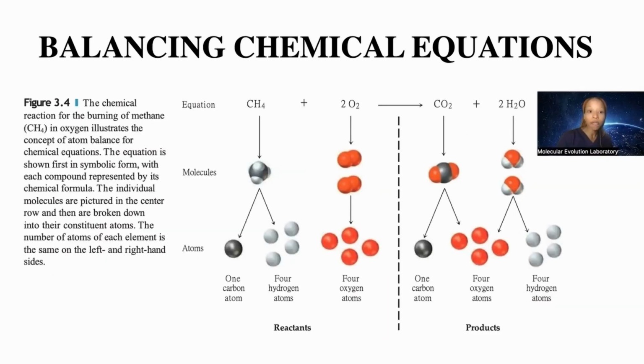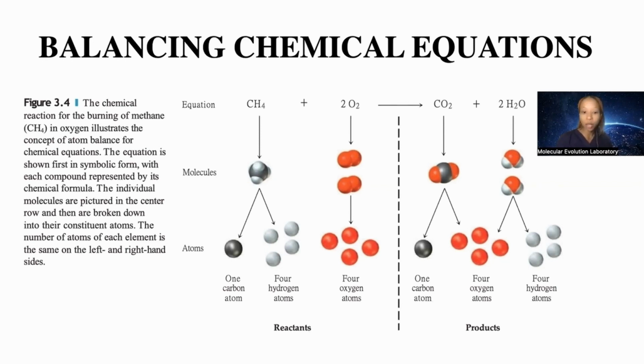The chemical reaction for the burning of methane in oxygen, as we demonstrated before, illustrates the concept of atom balance in a chemical equation. The equation is shown first in symbolic form, with each compound represented by its chemical formula. The individual molecules are pictured in the center row and then are broken down into the constituent atoms.